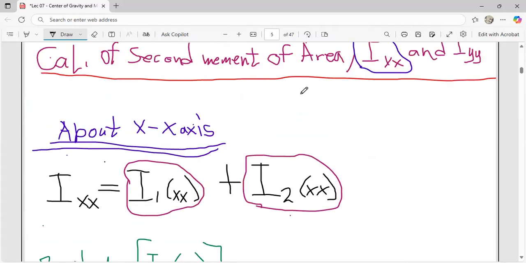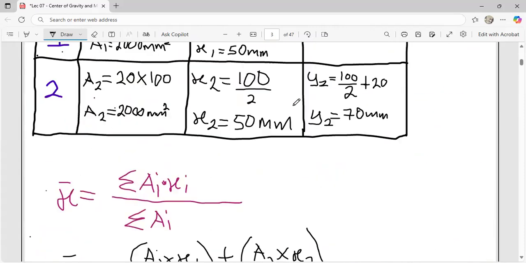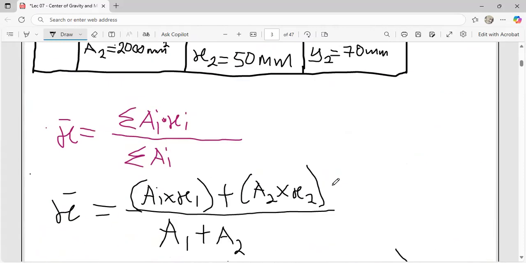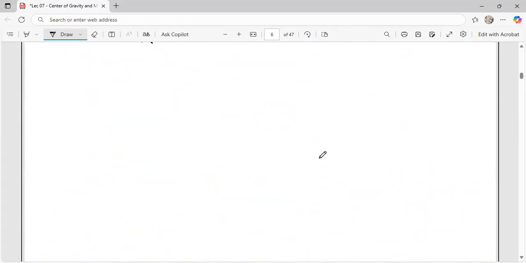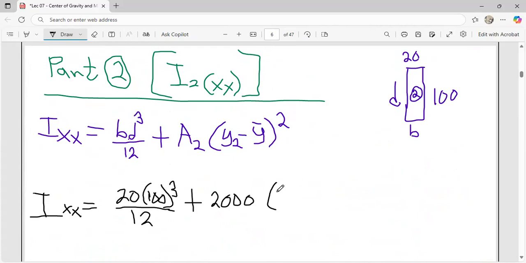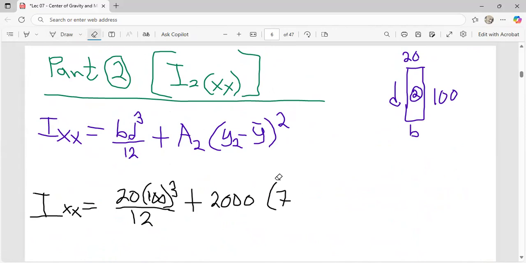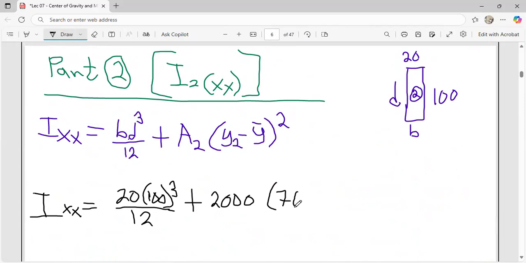Okay, from the table you can see over here, the answer for our y2 was what? 70. So it implies that we are going to write 70 minus the y bar. Okay, and the y bar we had 40. 70 minus what? 40.